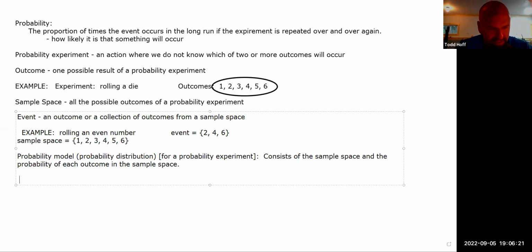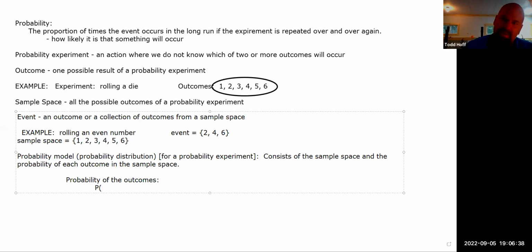Now, there are some conditions on the probability of the outcomes. First, we're going to use some notation here. P and then parentheses: P stands for probability, and what's in parentheses is what we're finding the probability of. The probability of a single outcome must be greater than or equal to 0 and less than or equal to 1.